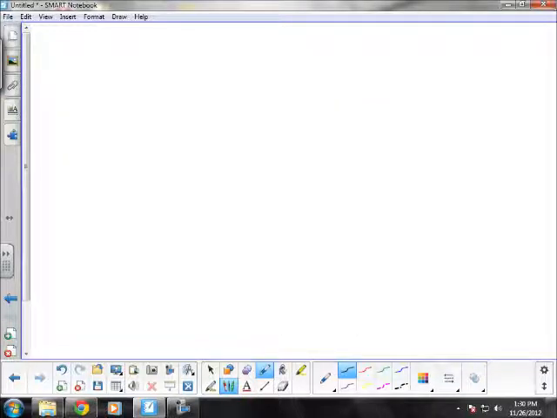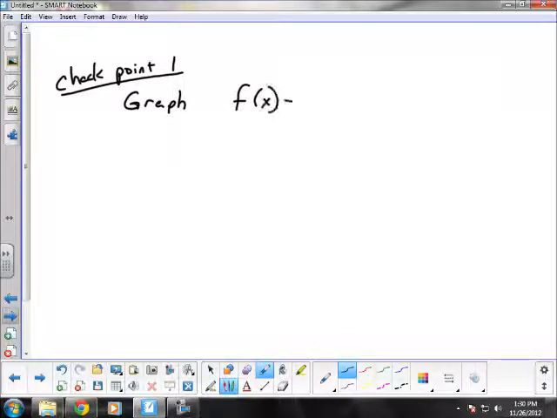So checkpoint 1. Let's just apply that. Let's graph f of x equals negative x minus 1 squared plus 4. Okay, so what are some things that I know right off the bat? It opens down because of the negative, and that's actually like a negative 1, right?